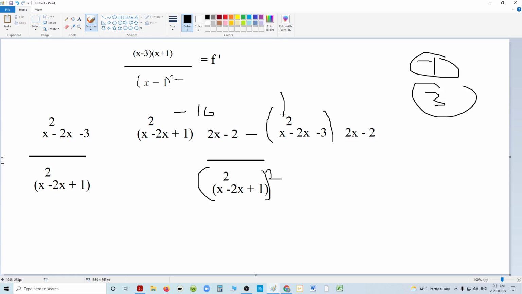-1 over here becomes 1, plus 2, so 3, minus 3, 0. Make sure that 1, plus 2, so 3, minus 3, 0, and it's going to multiply this, so this whole right side is going to become 0, so you don't have to worry about that. So you're only dealing with -16. When you put the -1 into the bottom, you get 1, plus 2, 3, plus 1, 4, squared. 16.